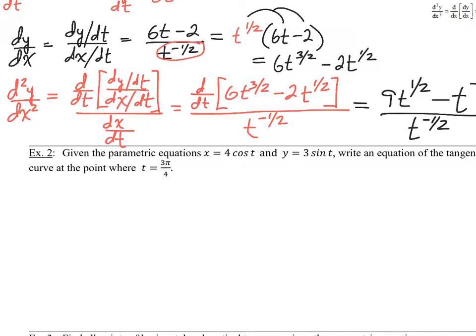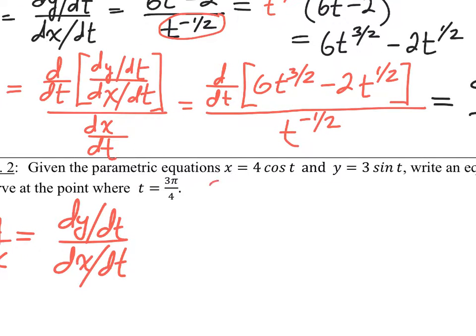So we need our derivative, we need the slope of the tangent line, so I need dy dx. So I'm going to need dy dt over dx dt. So just over on the side here, I could chuck that in there, dx dt and dy dt.